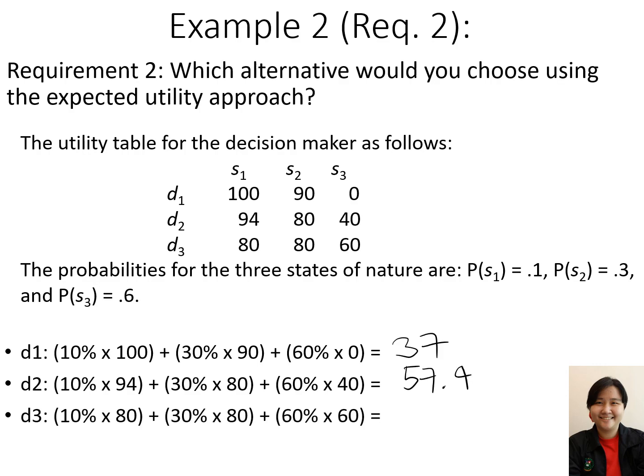And for D3, that is 10% times 80 plus 30% times 80 plus 60% times 60. And the weighted average is 68. Comparing the three decision alternatives, D3 has the highest expected utility at 68. So we are going to choose D3 using the expected utility approach.